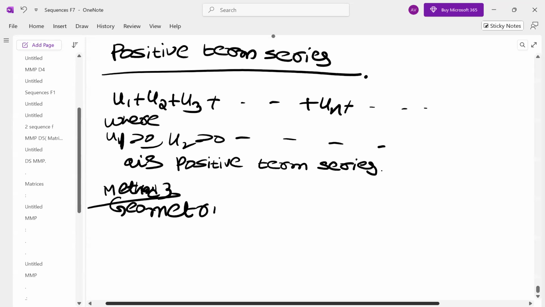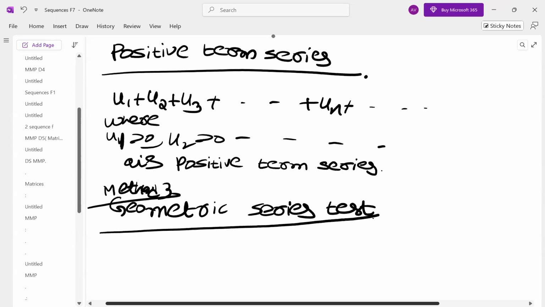The geometric series test. That is summation r power n, that is 1 plus r plus r square plus and so on.